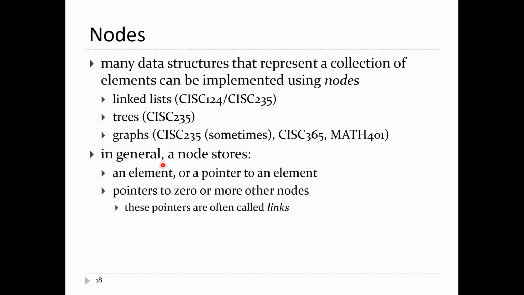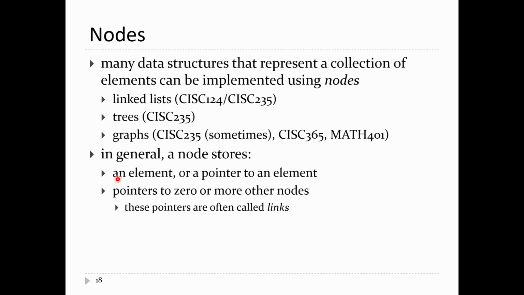OK, so how do these things work? Well, you've got this thing called a node. Inside of a node, every node stores an element. If it's an int or a double or something like that, you can store the element in the node. If it's something more complicated, you can store a pointer to an element. We're not going to do that today. That's a little bit more complicated than I want to get into. It's not a lot more, but it's a little bit more.